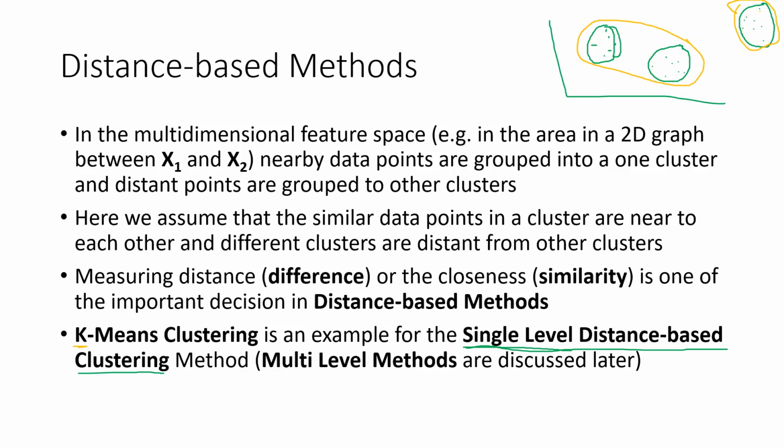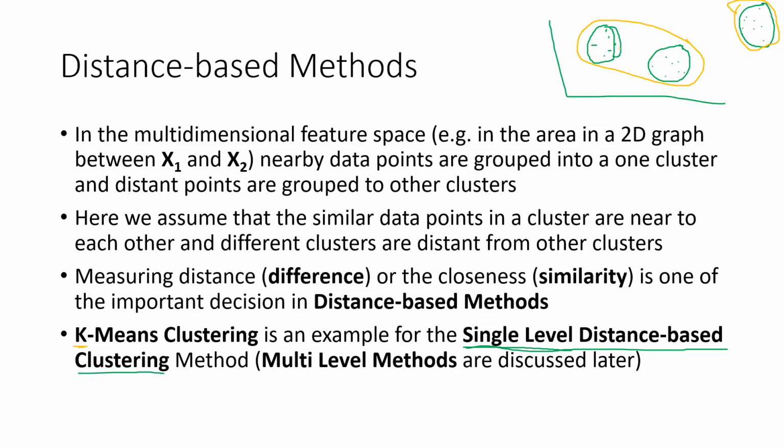In this case, if you have hierarchically clustered, this orange color is in a higher hierarchy where there are only 2 clusters. Inside the orange cluster, we have 2 green clusters.